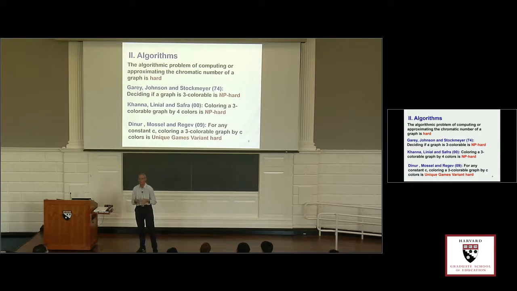So then it is known that for any constant C, given a 3-colorable graph, coloring it by C colors is still hard, unique games variant hard. So at least as hard as some other problems that we believe are hard, in the sense that we don't know any efficient algorithms to solve them.